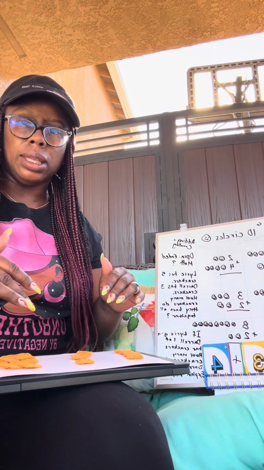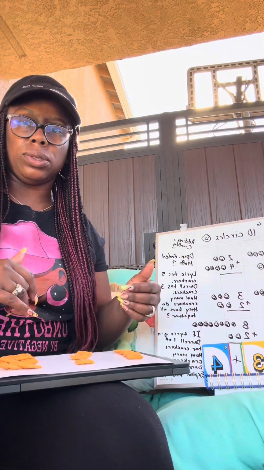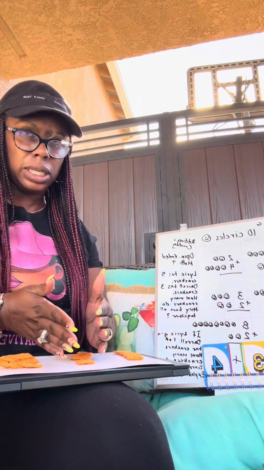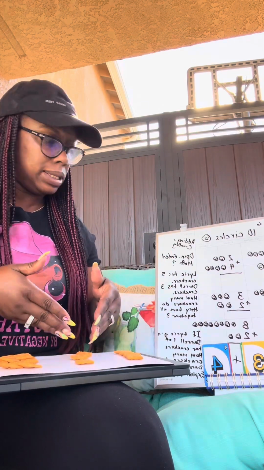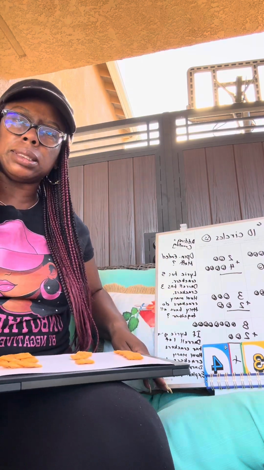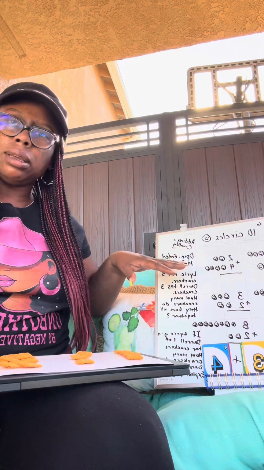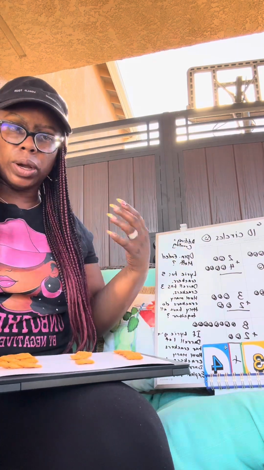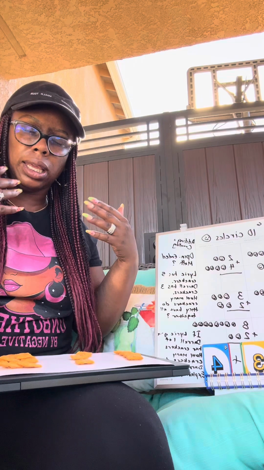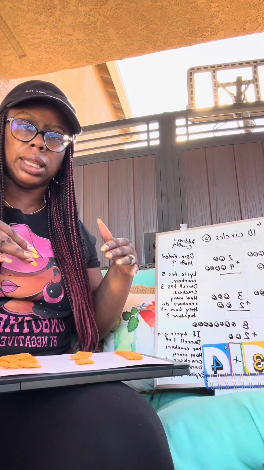This is for more of the advanced students that are just ready to go to the next level. I don't have expectations for everyone to get these type of word problems, because again, this is open-ended math. I want to see where the students are. I want to see how they're thinking, how they're taking in and comprehending the lesson plan.